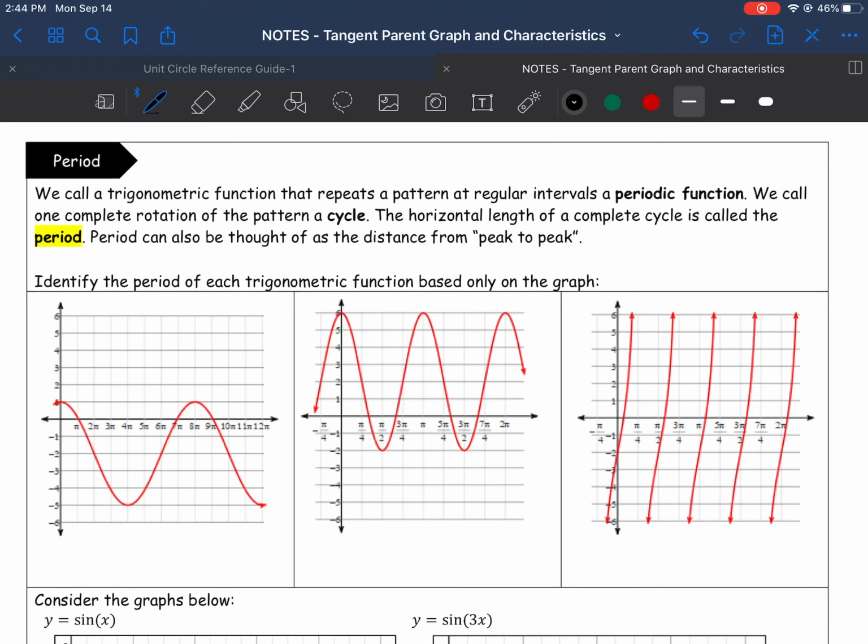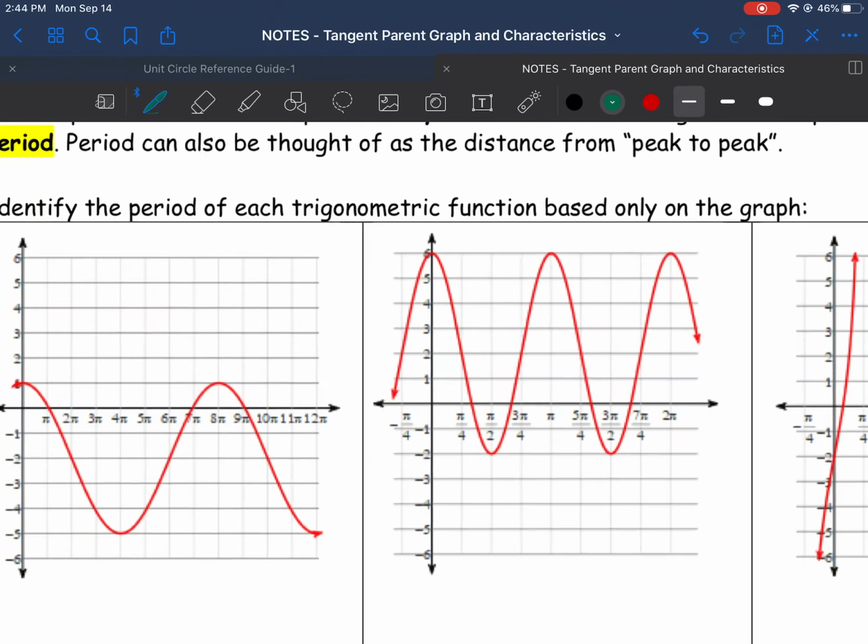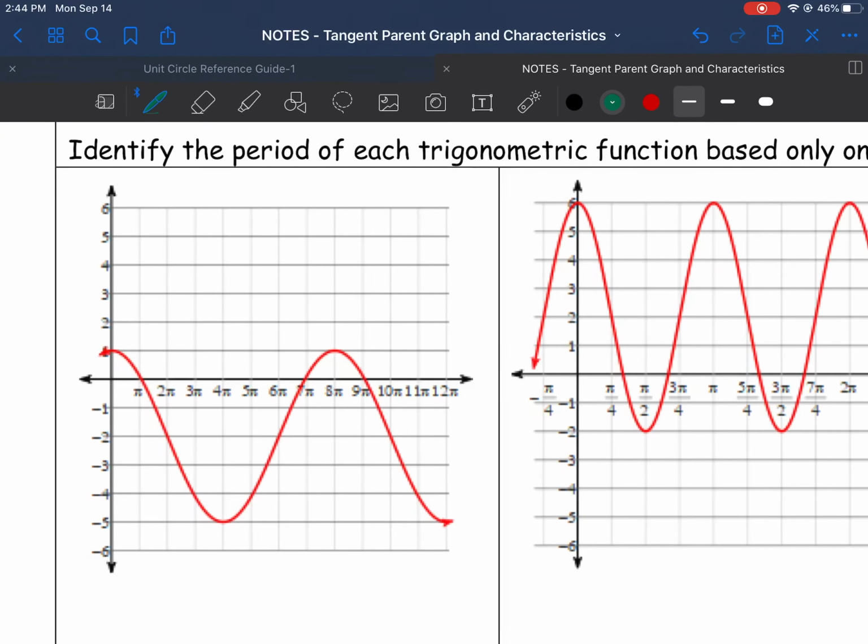Okay? So based on these graphs, let's try a couple practice problems. Let's try to identify the period of these three graphs. So starting with the graph here on the left, let's go with green here. With this graph, we want to figure out what is the horizontal length of one complete cycle? Well, let's highlight one cycle.